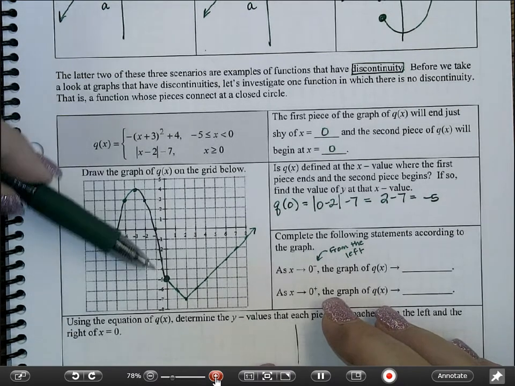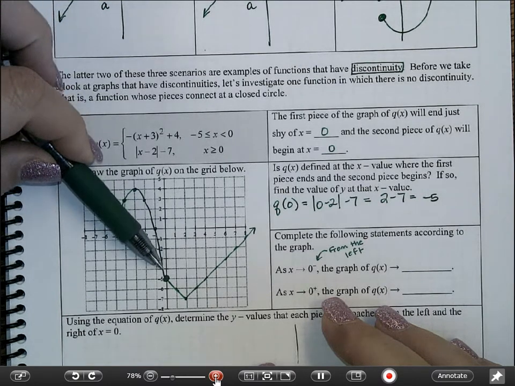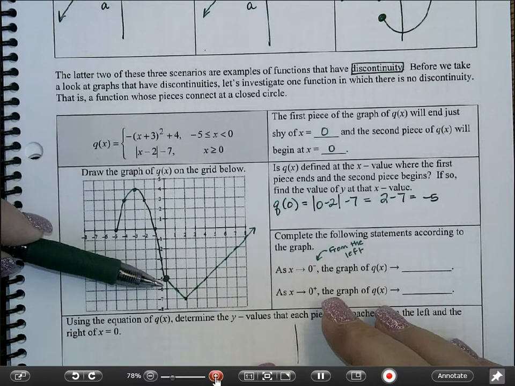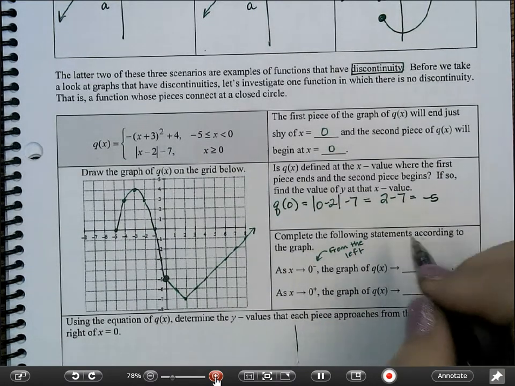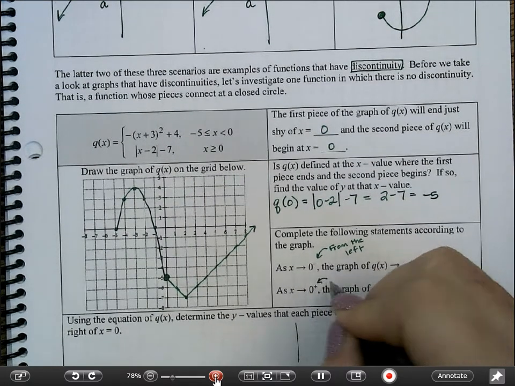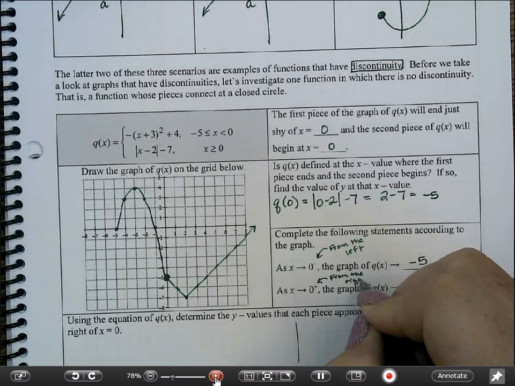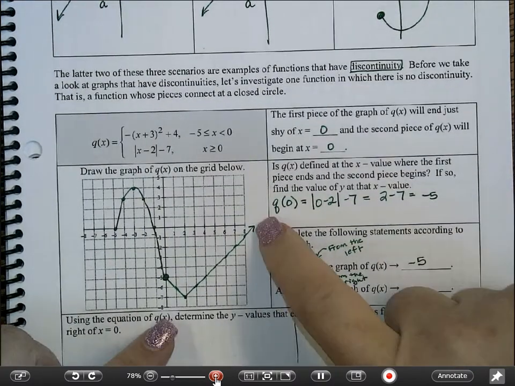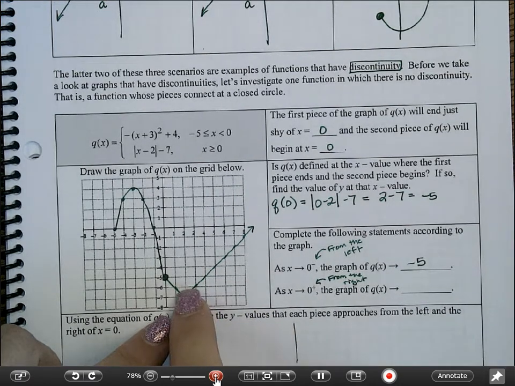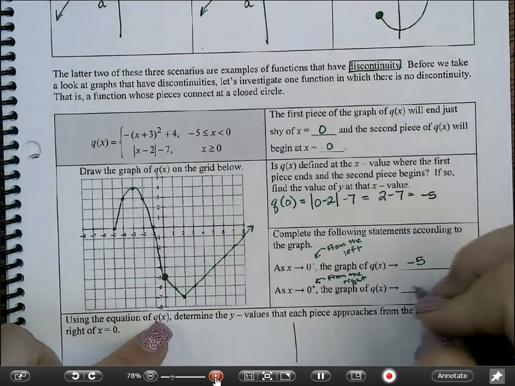So the left side of 0 is on this piece, and the y value on this side of 0 is -5. And this means, when it's positive, it means from the right. So I'm coming from the right, okay, and I'm going to get to 0, and the y value on this side is negative 5.